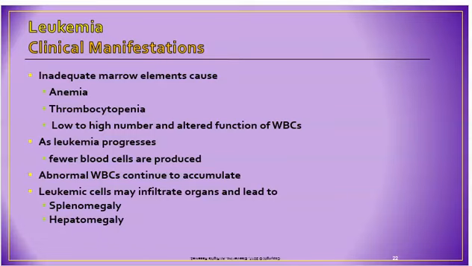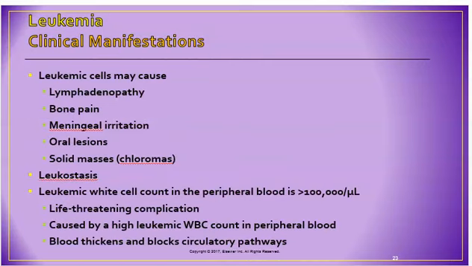Are there more neutrophils, lymphocytes, basophils, eosinophils, or monocytes? These abnormal WBCs are the problem. These cells then infiltrate the organs, and they lead to an enlarged spleen and an enlarged liver. So now these organs aren't working well. What would you see manifested? What is your care for these patients?